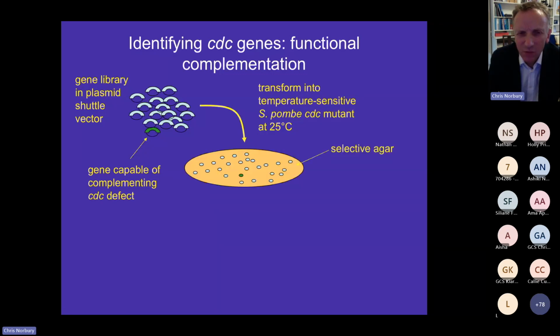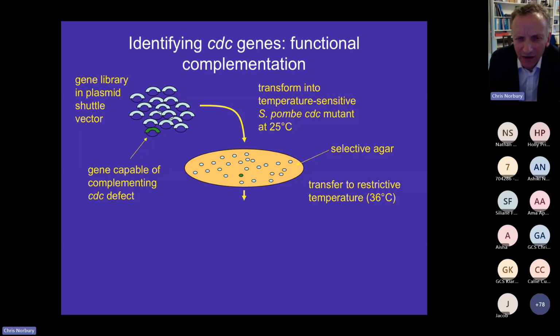So first of all, we introduce the gene collection, the library, and then we identify the cell that by chance has picked up this complementing green fragment, the wild-type copy of the gene, by shifting the temperature to 36 degrees. And if we do that, because these yeast cells are temperature sensitive, they'll arrest in the cell cycle unless they've picked up a fragment of DNA that allows them to complete the cell cycle.